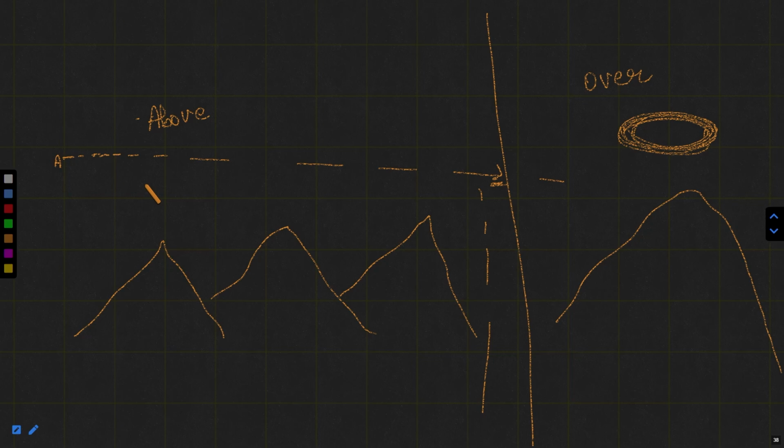So this is how we can use over and above in respect to aeroplanes. If it is in the case of only one mountain, or the mountains in only that particular area, we use over. And if it crosses the mountains by flying above them, we use the preposition above. So this is how we can use the prepositions above and over. I hope you understood all the points. Thank you very much.